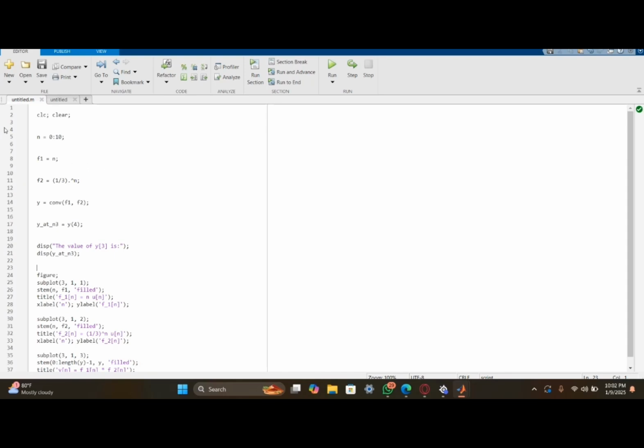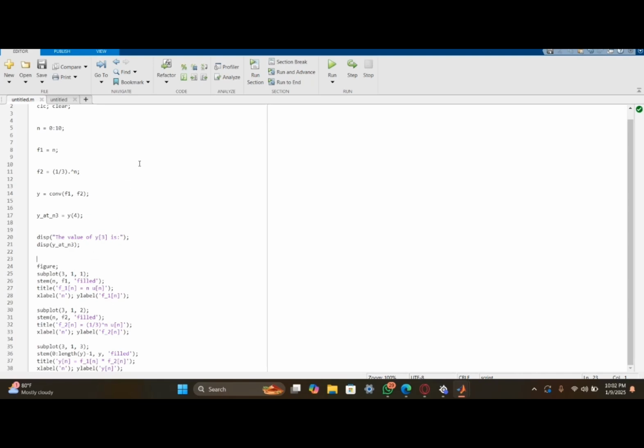First, we write the MATLAB code for the discrete time convolution, and then we define the range of n here, and then we define f1, and we define f2, and then we compute the convolution, and then we select n equal to 3, and then we select the required value at n equal to 3, and then we display the results.